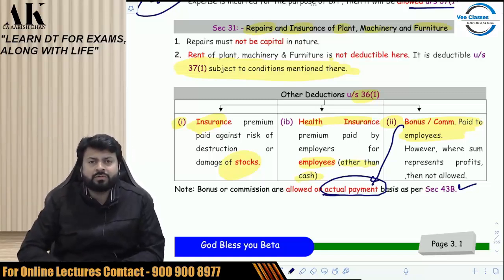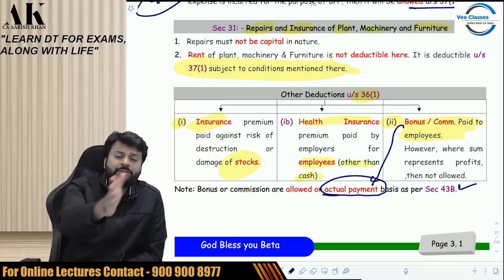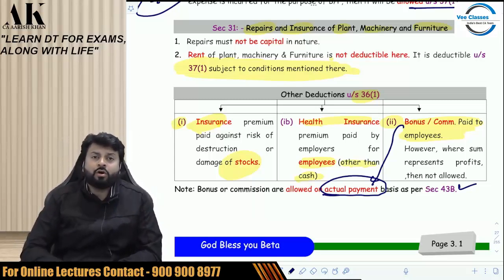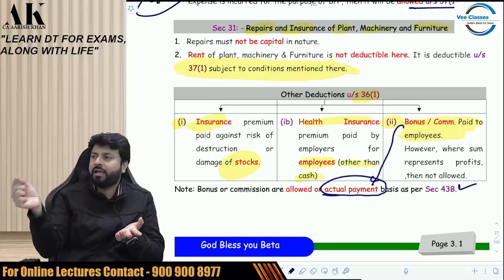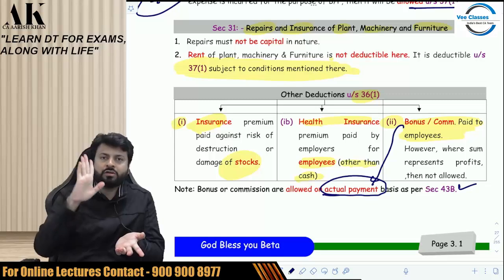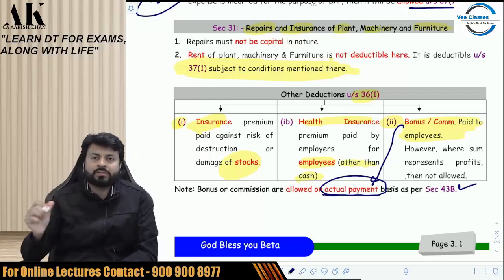But right now I would like to tell you that bonus and commission to employees is allowed as deduction only if you have actually made the payment. It is not allowed on accrual basis at all. So the three deductions in front of us: insurance premium for stock, health insurance premium for employees other than cash, and bonus and commission to employees, actual payment deduction, not on accrual basis.